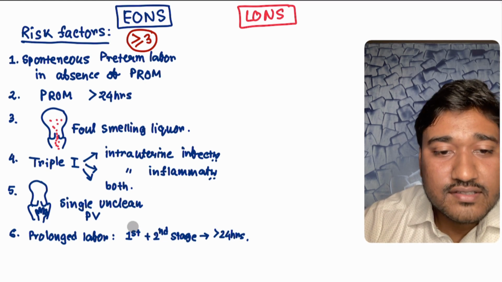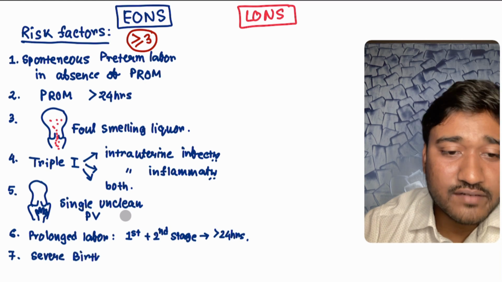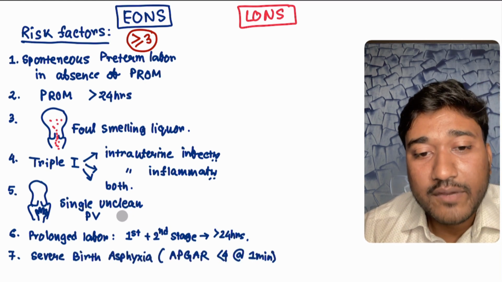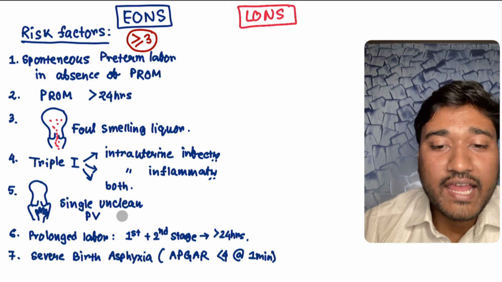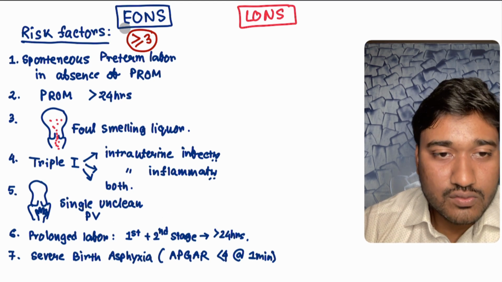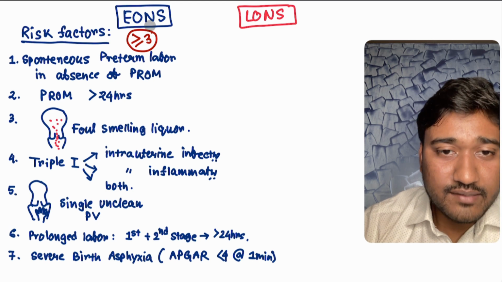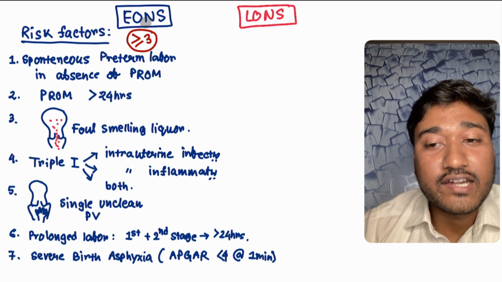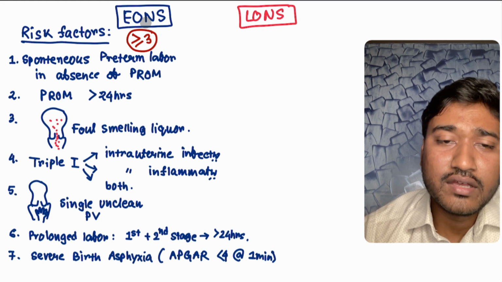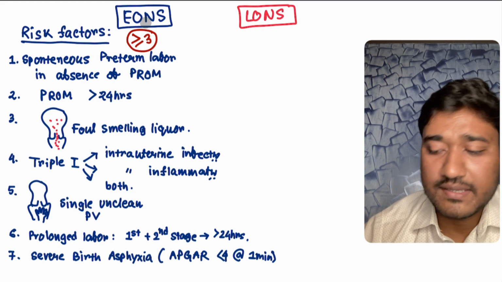And also another risk factor, if there is severe birth asphyxia, that means if the Apgar score is less than 4 at 1 minute of life, we call it severe birth asphyxia. So out of the 7 criteria, if 3 or more criteria are fulfilled, we call it a significant risk factor for early onset neonatal sepsis.